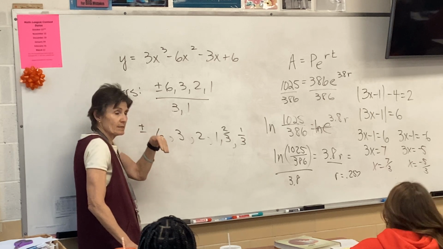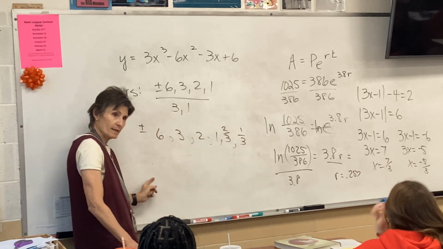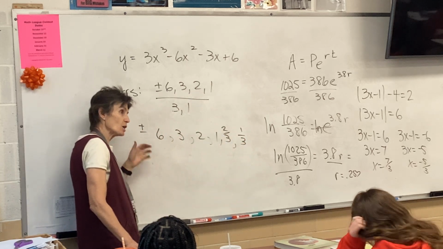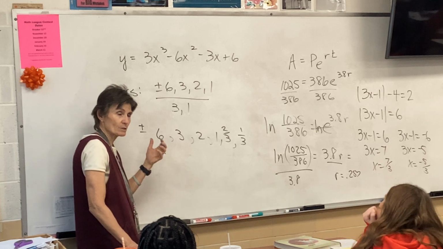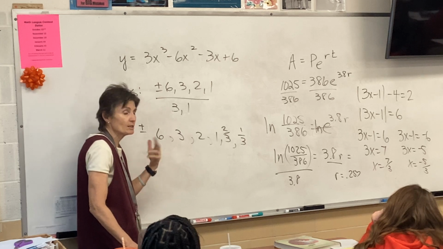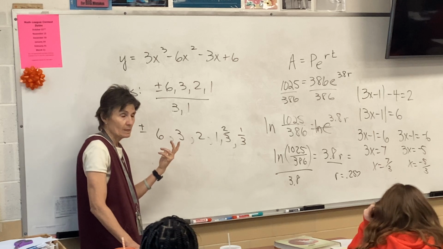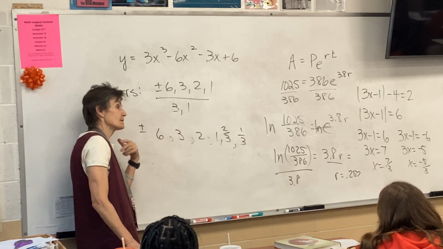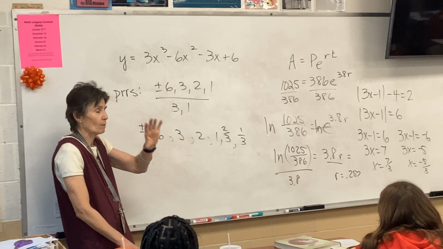If you don't get a zero, then take another number from the list and divide it. And chances are, if you're picking reasonable numbers like 1 and 2, it's not going to take you too many times to get one that equals 0. Now, that will always work. So if you want to do it that way, you can always do it that way.